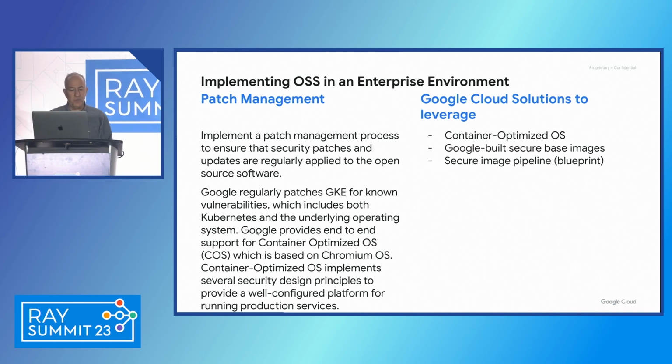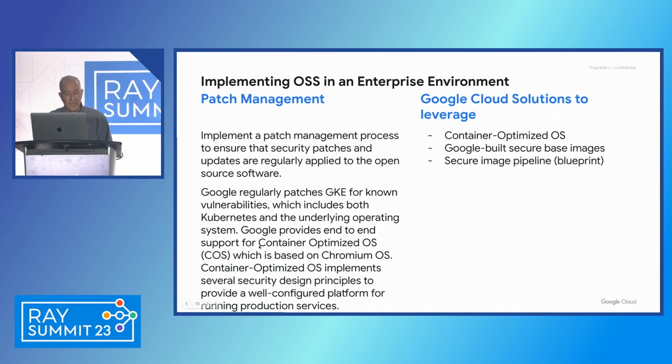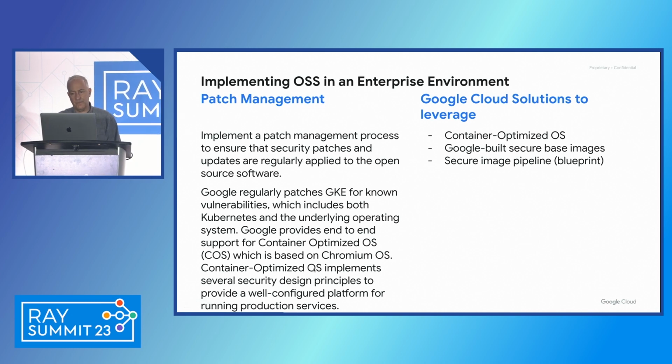This includes both Kubernetes and the underlying operating system. And we provide an end-to-end Container-Optimized OS, which is based on Chromium OS, to implement some of these security design principles.